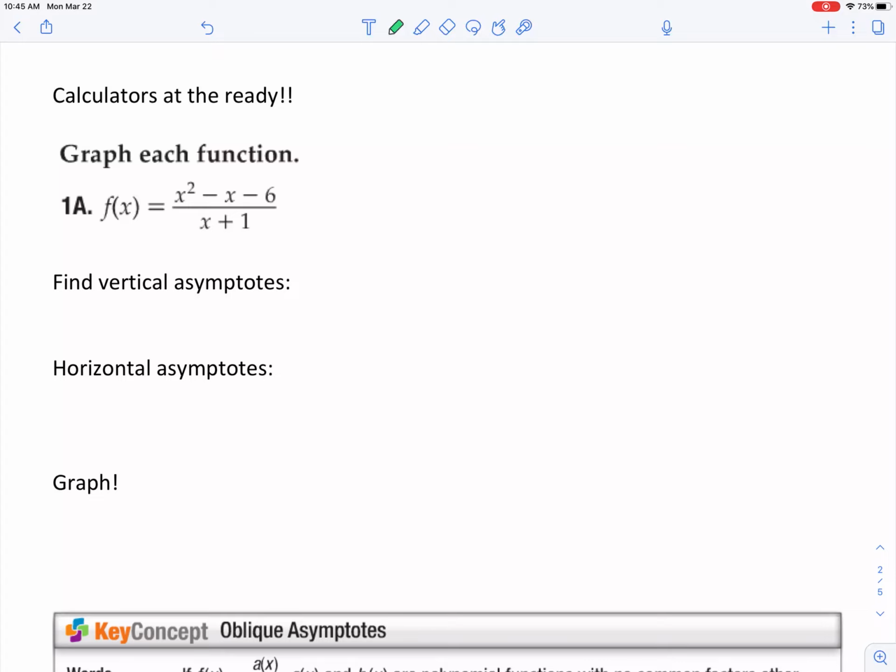So mine says parentheses, x squared minus x minus 6, parentheses, divided by, parentheses, x plus 1, parentheses. And when I hit graph, I can see a rough sketch that it looks something like that. Sorry for my arrows being kind of funky, but that's what it looks like.